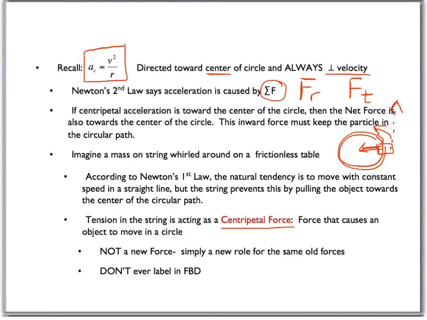We would never label something in a diagram as F sub c, a centripetal force. Instead, we'd pay attention to what exactly is causing that centripetal force. In this case, it would be a tension force. T would be labeled on the diagram. So as we work through various problems and situations in this chapter, we're going to talk about what in particular is acting as a centripetal force.